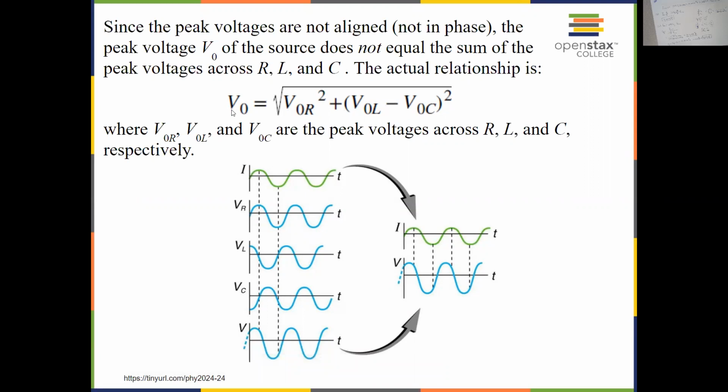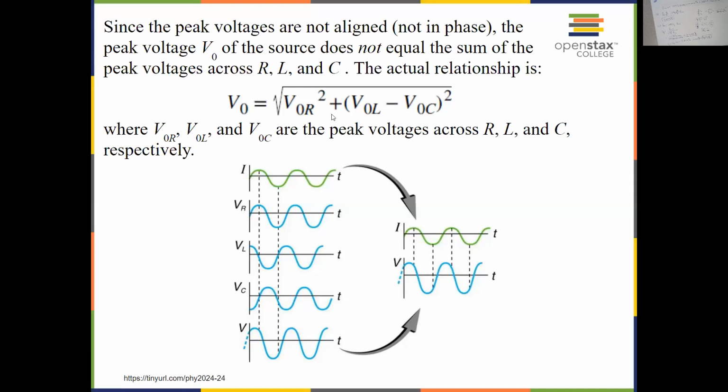So the final will have this relationship. It's like the Pythagorean theorem, or the magnitude of a vector: the x component squared plus the y component squared. These two are in the y direction and this one is in the x direction. This is 90 degrees with this one, and also 90 degrees with that one, but those two are opposite to each other by 180 degrees, so you can subtract them.